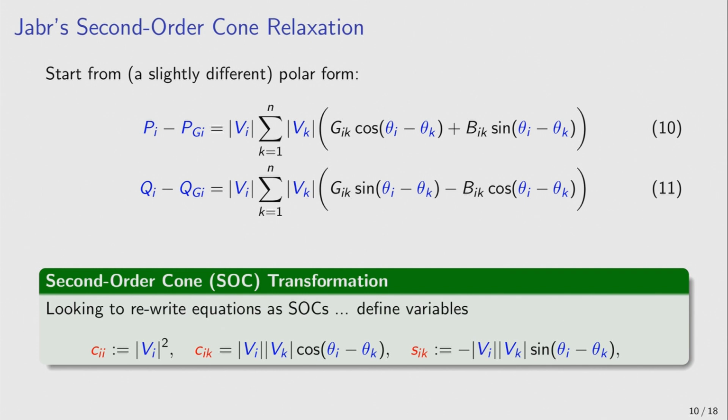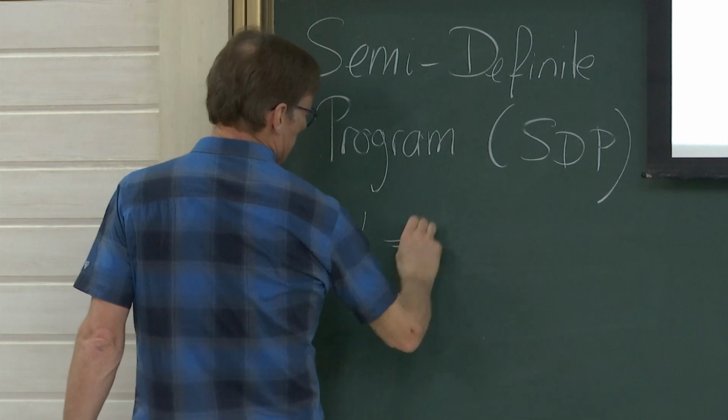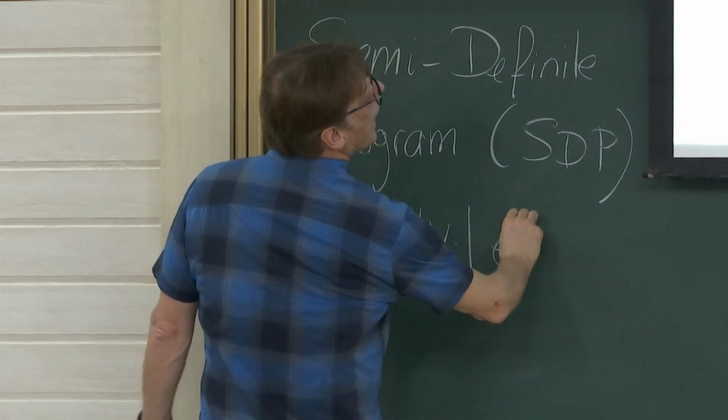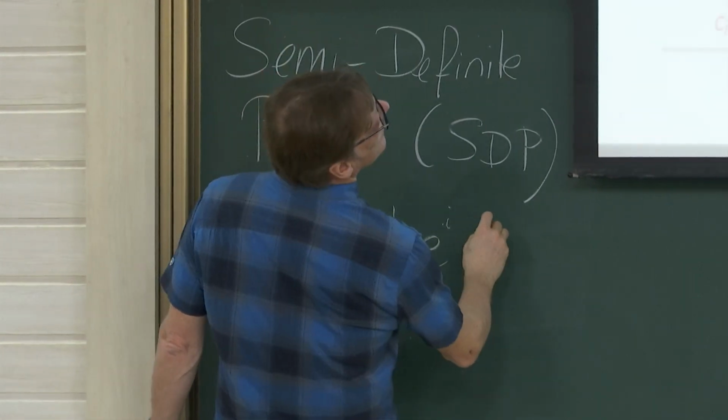So here's another way of writing down the power flow equations in terms of polar coordinates, the voltage magnitudes V_i and the voltage angles theta_i. The phasor V is expressed as the voltage magnitude times e to the i theta_i.